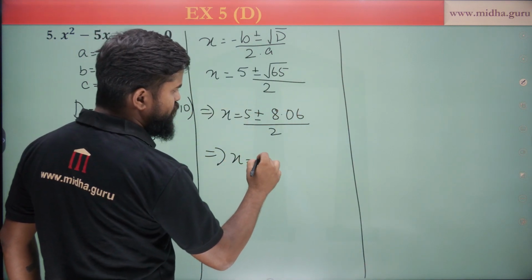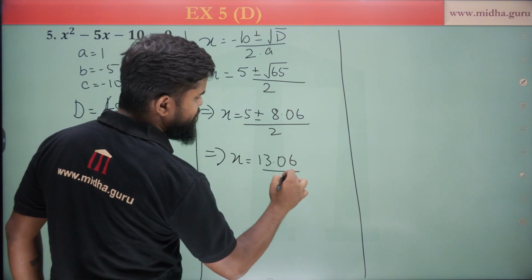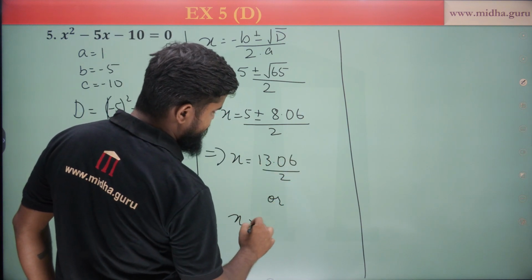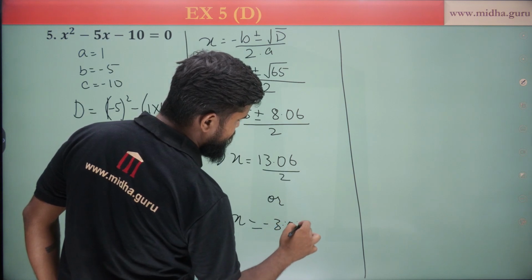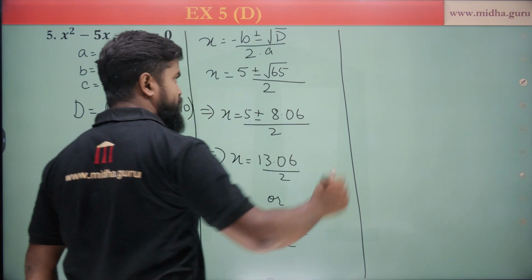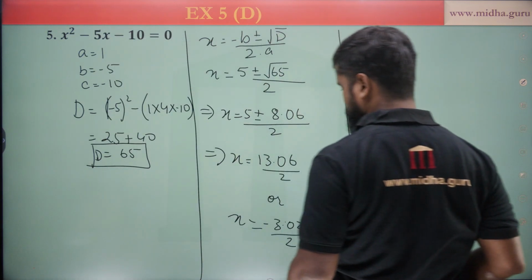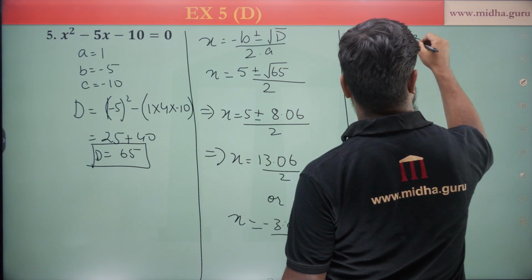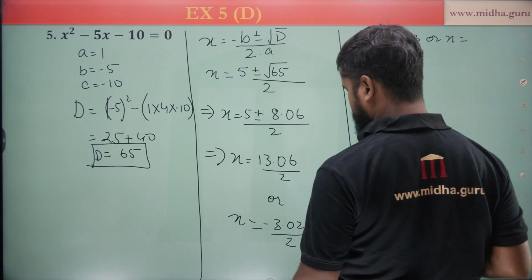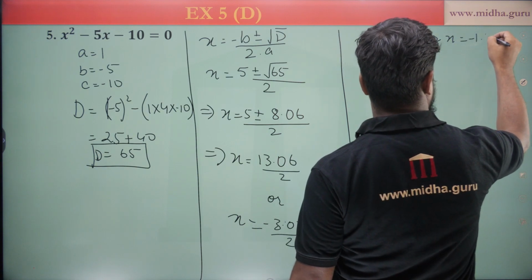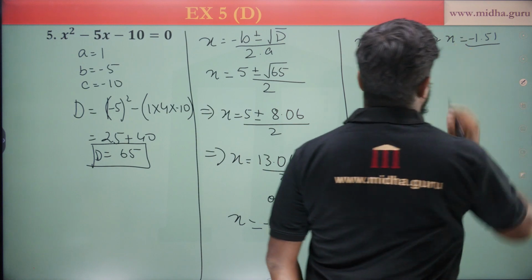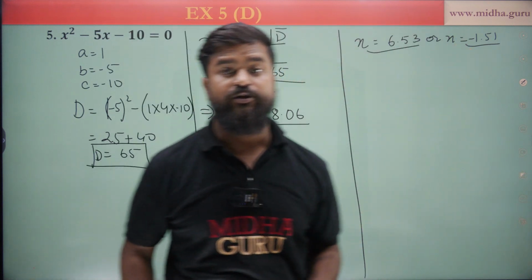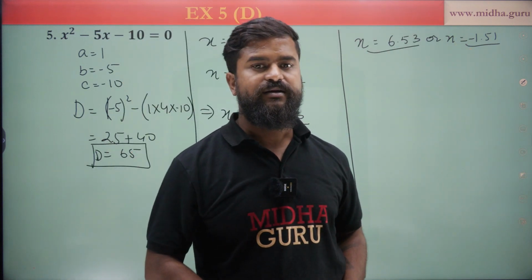So 5 plus 8.06 would be 13.06 by 2, or 5 minus 8.06 would be minus 3.06 by 2. So the two values for x will be 6.53, or minus 1.53. So these are the solutions for the given quadratic equation.